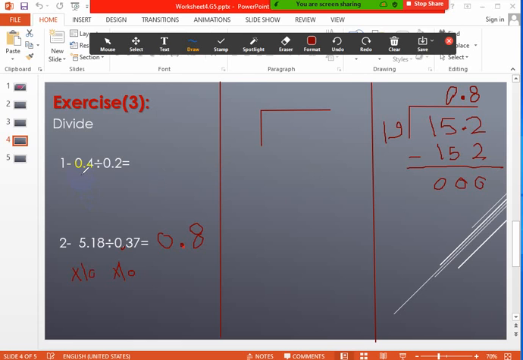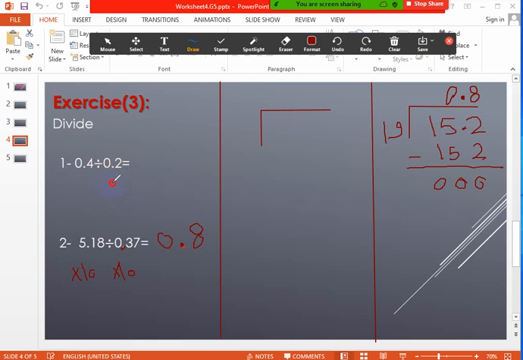Okay, now I want to divide 0.4 by 0.2. Okay, let's choose a girl here. Celine, open the mic. Look, Celine, how many digits after the decimal point do I have here in the divisor? 1 digit only.